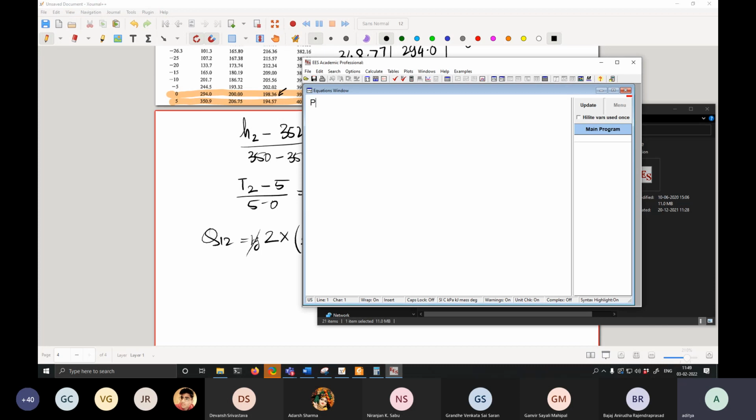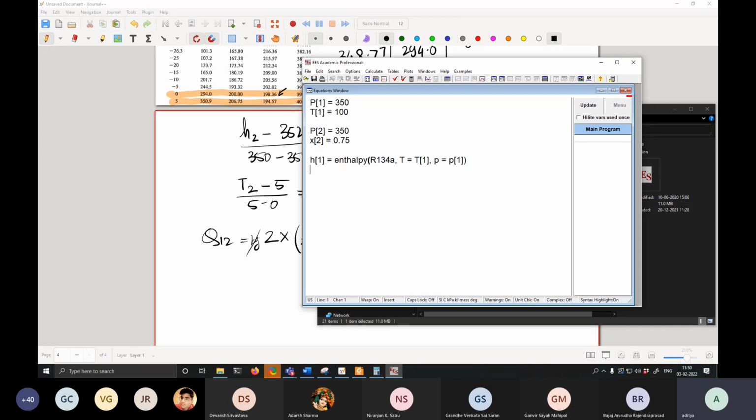I will say that T1 is 5, P1 is 100, P2 is 350, X2 is 0.75, H1 is equal to enthalpy of R134a, T equal to T1, P equal to P1.